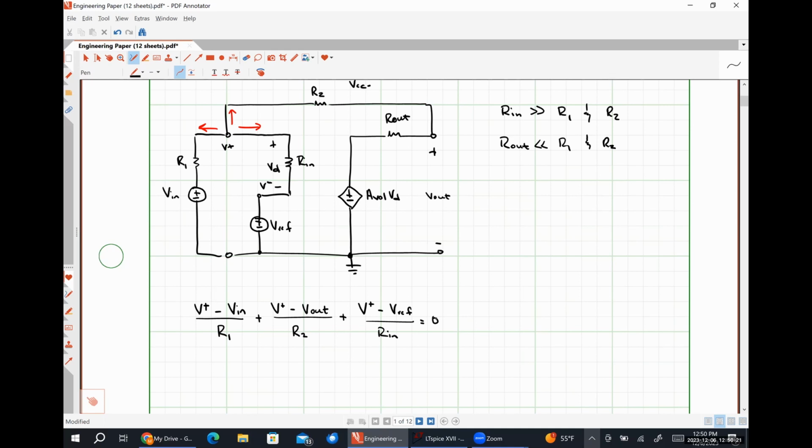Now let's talk about what the implications of our assumptions mean here. If Rn is much, much greater than R1 and R2, then this current term right here will be much, much smaller than whatever these current terms are, so I'm going to say that this is pretty close to 0.